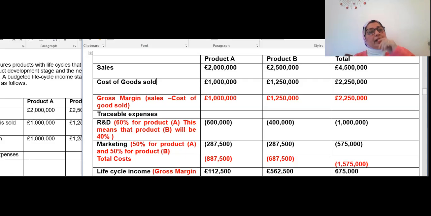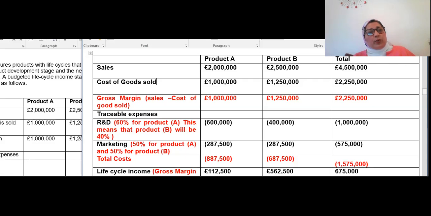So if the company is investing 60% on research and development in product A and 40% in product B, we might assume from this piece of information that product A is a new product and product B is an existing product. Does this make sense? Because they invest more money on research and development.